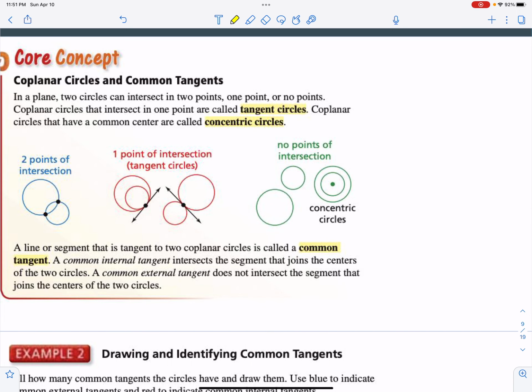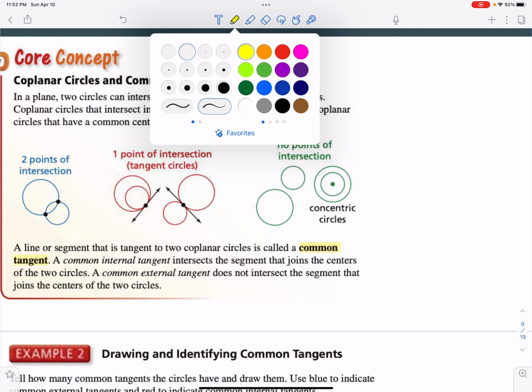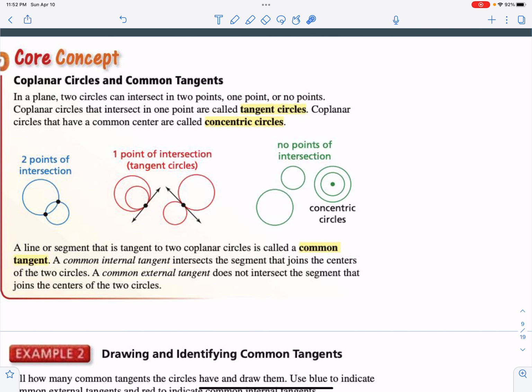Okay, core concepts. We have coplanar circles, meaning circles in the same plane. We have a couple things called tangent circles and concentric circles that we have to learn about here. Concentric circles simply mean they have a common center. We won't see these a whole lot because they're not super useful to us.